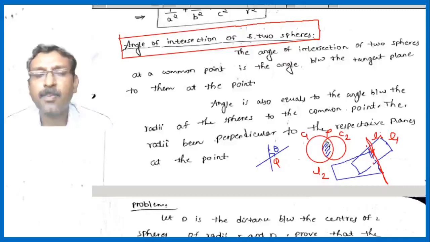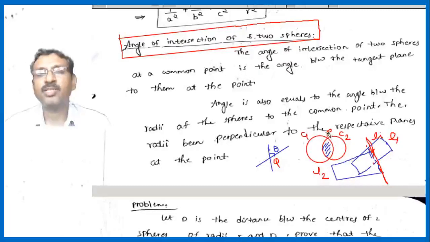So I am taking two tangent planes at the point of intersection to the given two spheres. Here I am measuring the angle between two planes. We know the formula cos theta equal to L1 L2 plus M1 M2 plus N1 N2, where L, M, N are the DCs of the two planes.